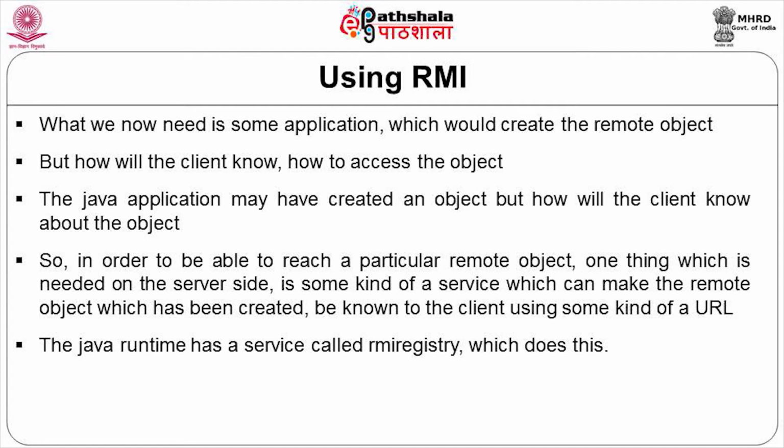In order to be able to reach a particular object, the initial part which is needed on the server side is some kind of a service which can make the remote object, which is being created by an application, available and known to the client by using some kind of a URL. This kind of a service is available as part of the Java runtime. The Java runtime contains one service called rmiregistry.